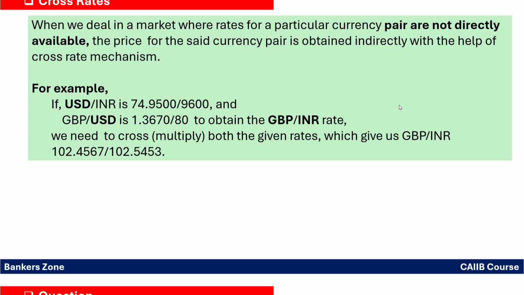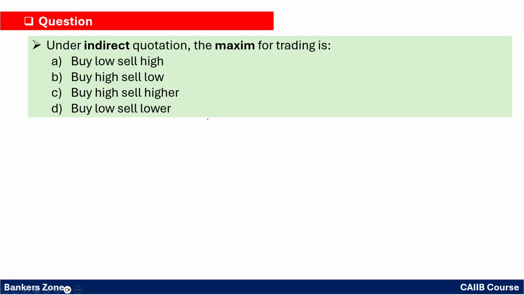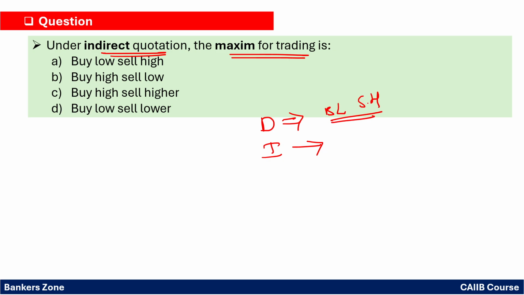Okay. Next, some questions here. Under direct quotation, what is the maxim for trading? Always remember, when we are using direct quotation and indirect quotation, in case of direct, the quotation is buy low, sell high. But in case of indirect, just the reverse: buy high, sell low.